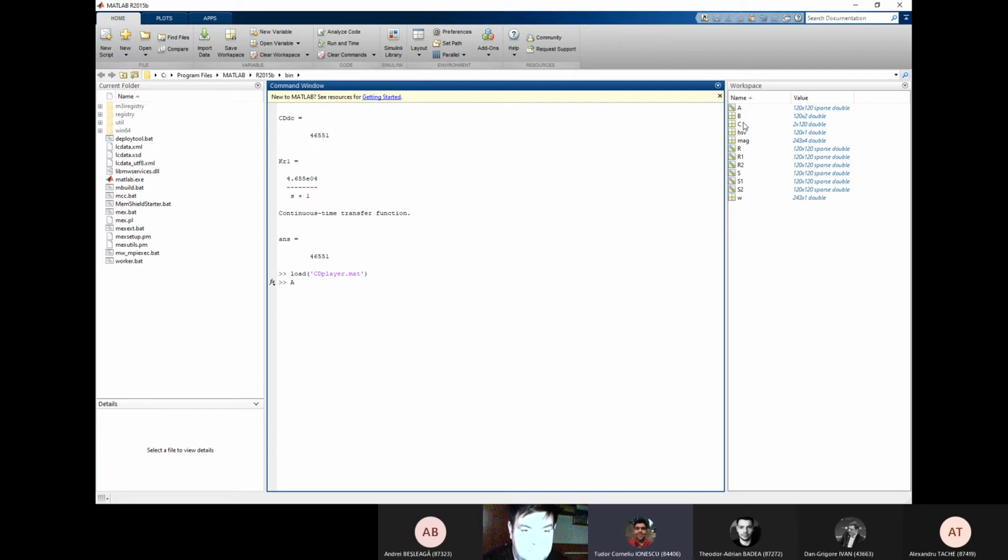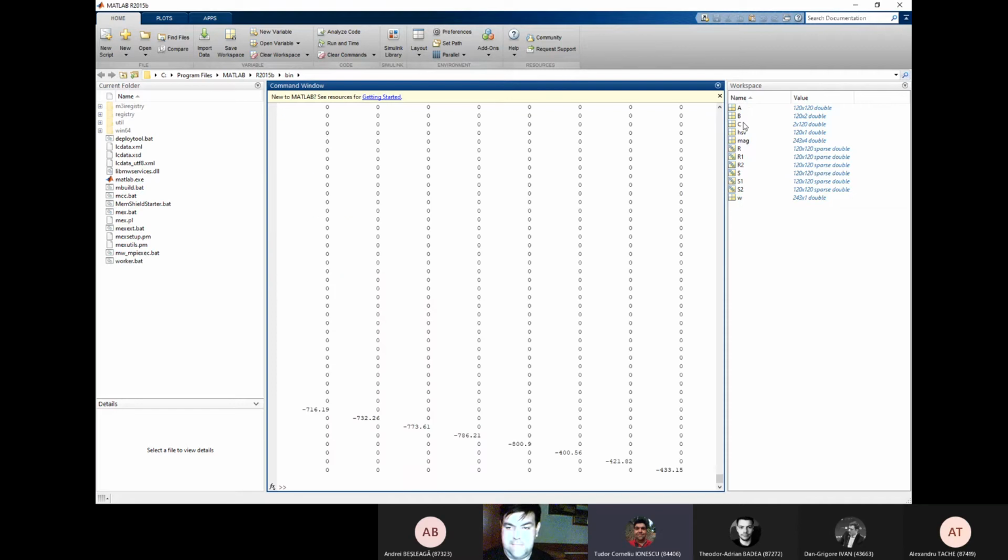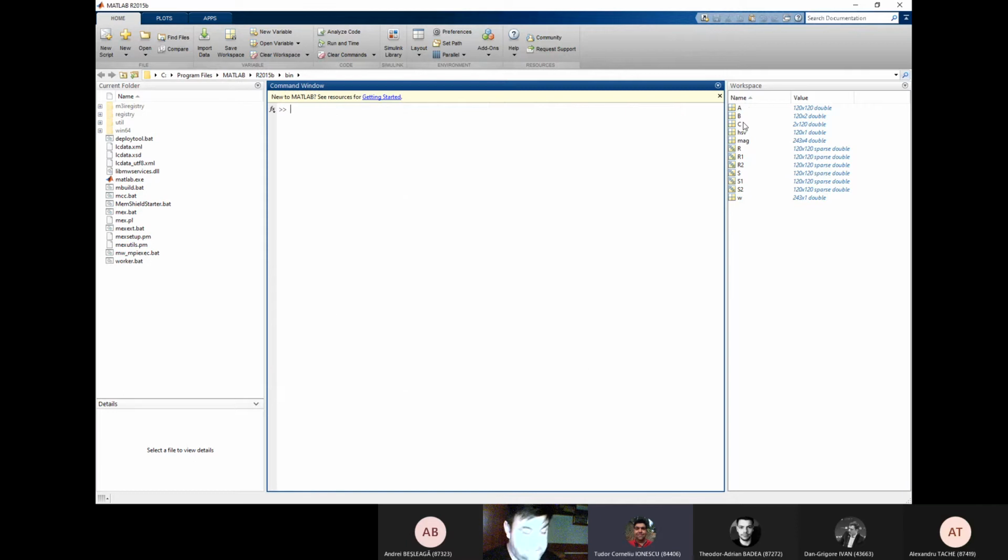Now we need to make these matrices because these are structures. We are going to use full to turn this into matrices, full A, with a semicolon because we don't want it to show. So now it's a double. If you type A, this is the matrix A, but we are not interested in seeing the whole matrix.